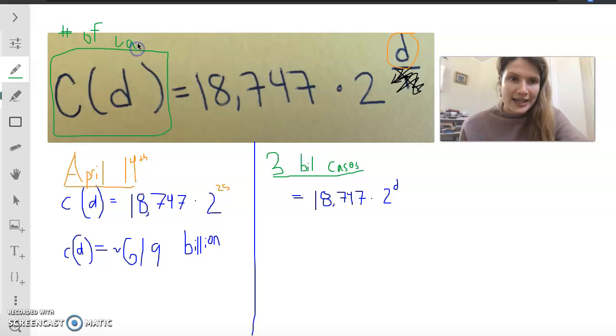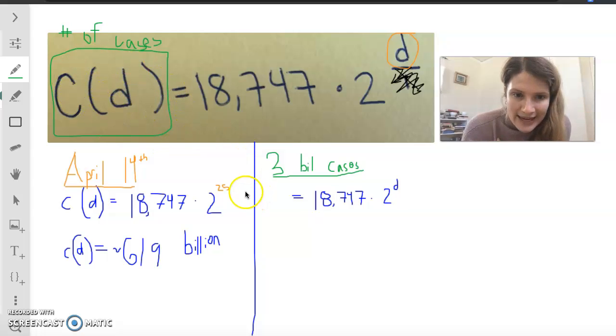So our known value is the number of cases. We know we're looking for 3 million cases. And our unknown this time is D. We're trying to see in how many days it will take us to reach 3 million on the output side of the equation.